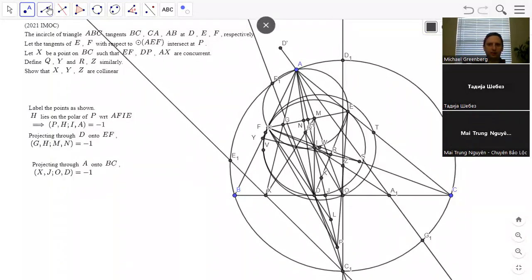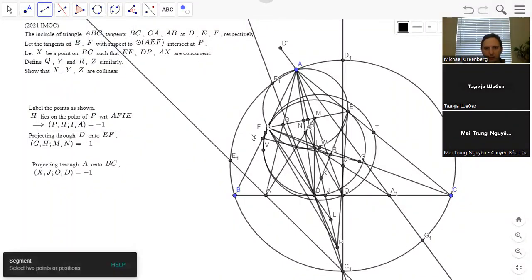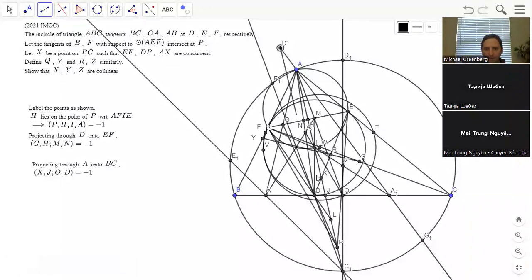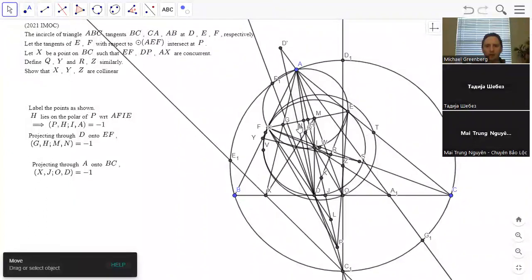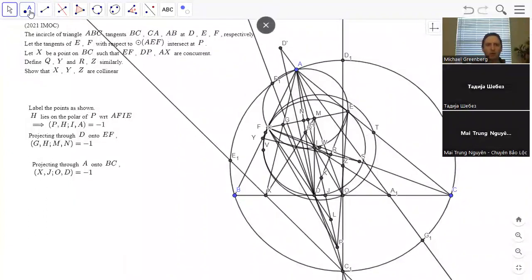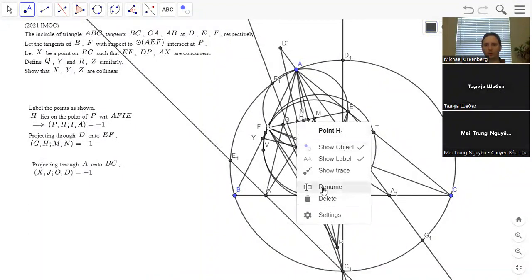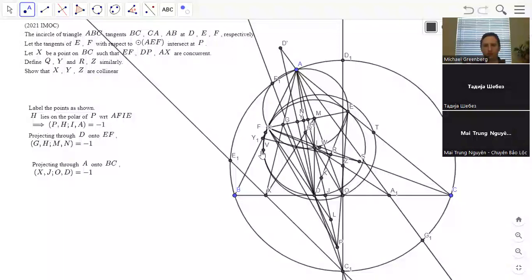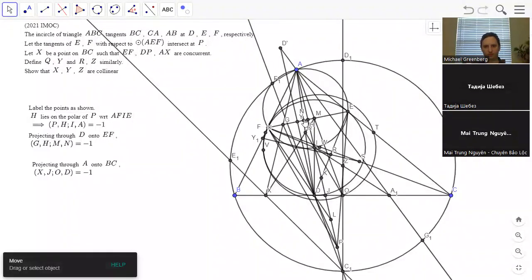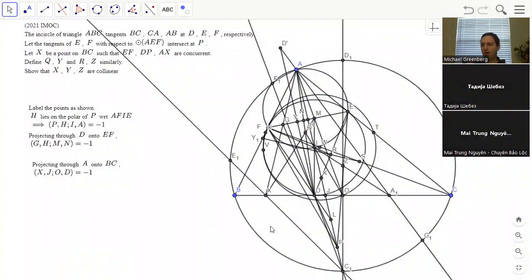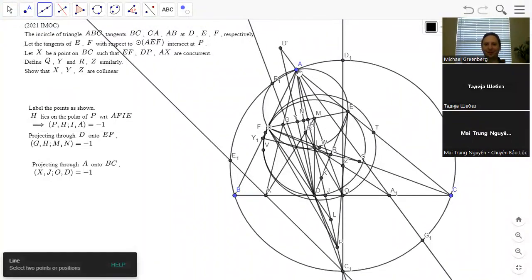Let D prime cut EF at Y. I'll call it Y. There's so much, wow, this is a complicated diagram.